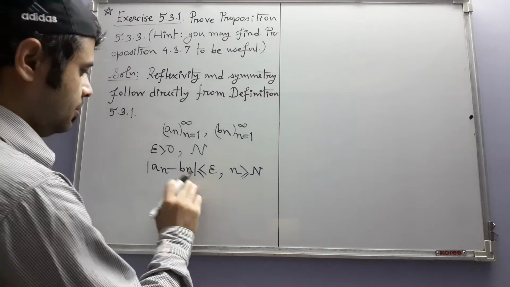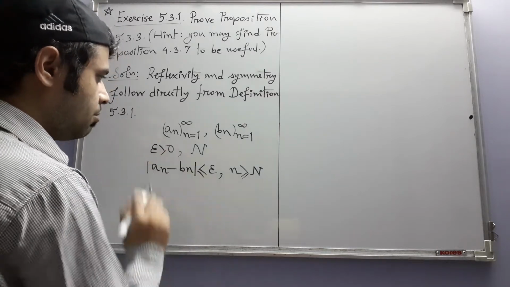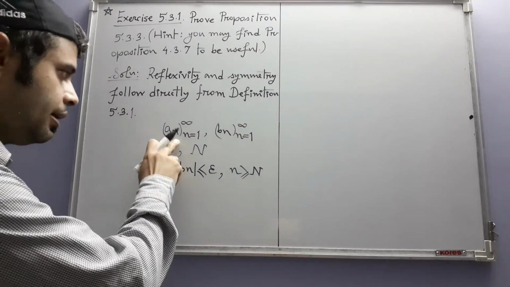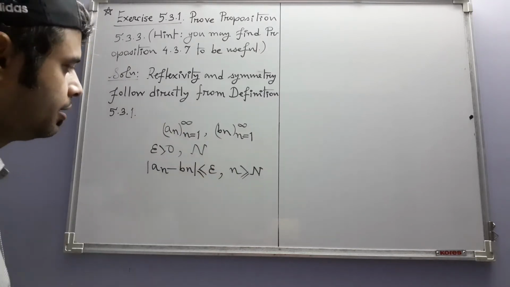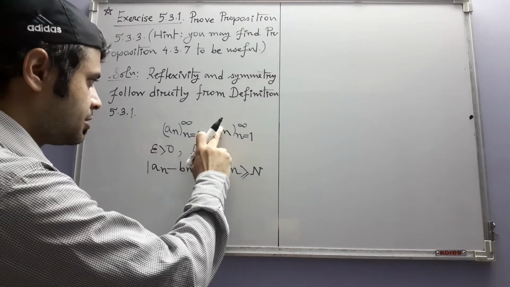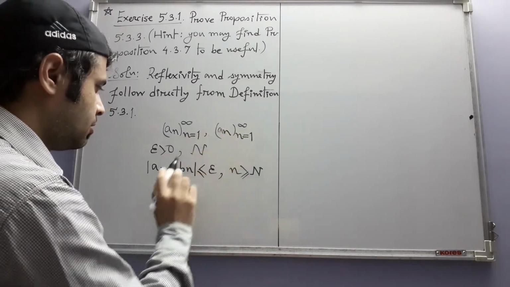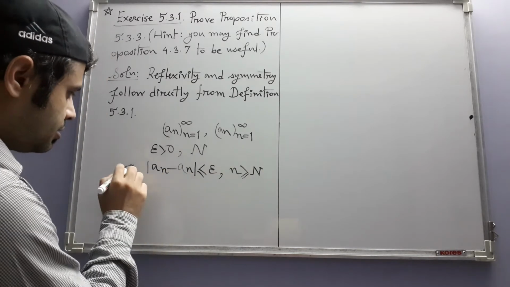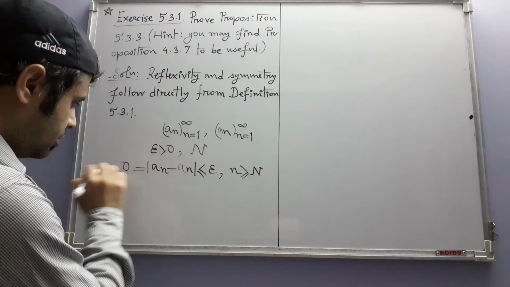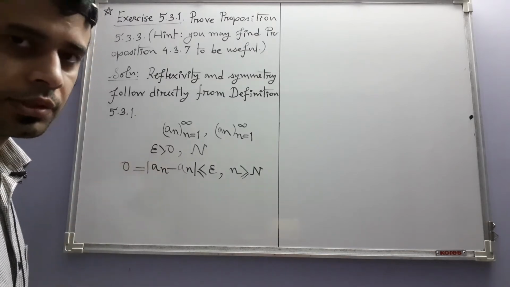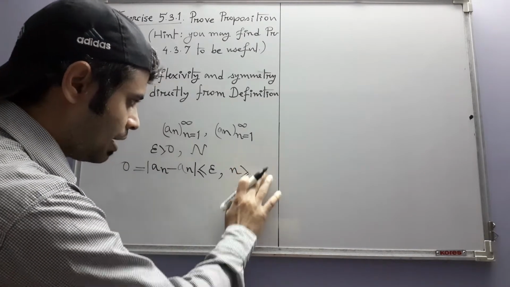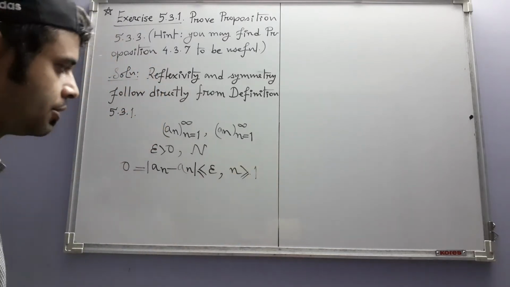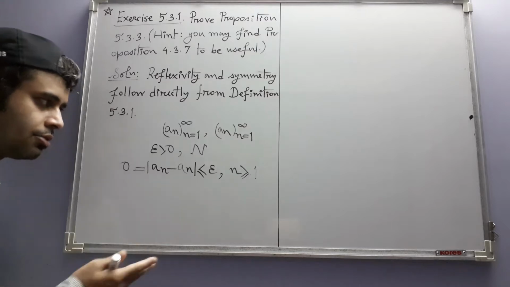Now, proving reflexivity requires us to show that a_n is equivalent to a_n. If you have the same sequence, then clearly this is true. In fact, in this case, since all these differences are equal to 0, you can, if you want, choose capital N to be 1, because all such terms are equal to 0.